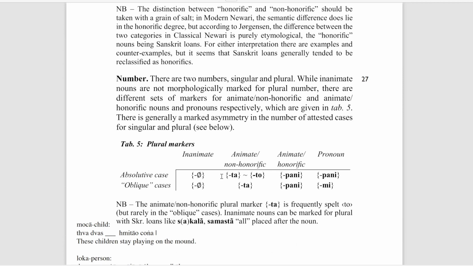For most cases, animate non-honorific is just for dogs. And when talking about humans, mostly, even for a normal person, we still have the honorific markers. Like for husband and wife, there's two people, we still have bani, this honorific marker for plural.